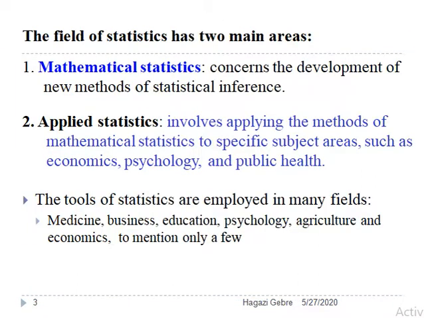So the field of statistics has two main areas, mathematical statistics and applied statistics. Mathematical statistics looks at the development of new methods in statistical inference. The second one is the one that we should focus on, which involves applying the available statistical methods to specific areas such as economics, psychology, public health, medicine, and agriculture, and so on.